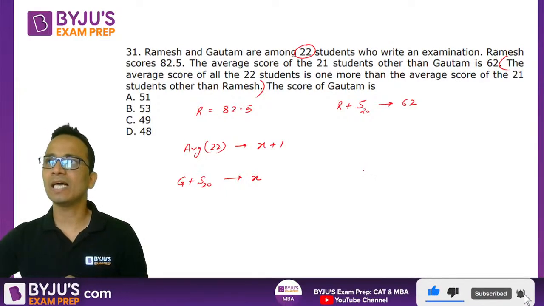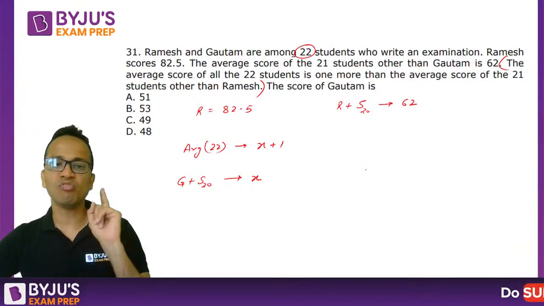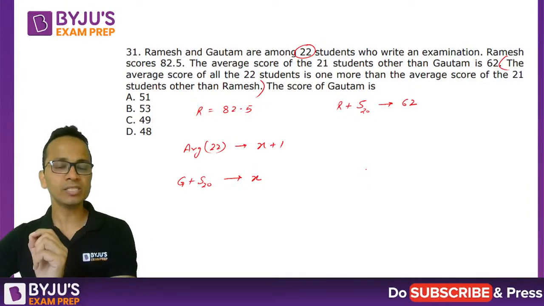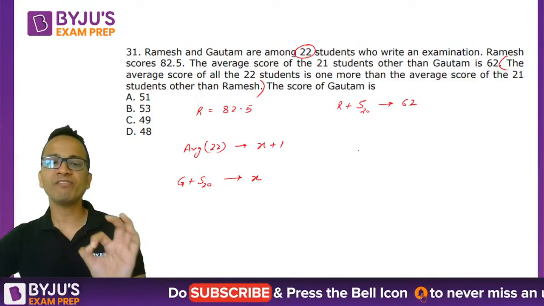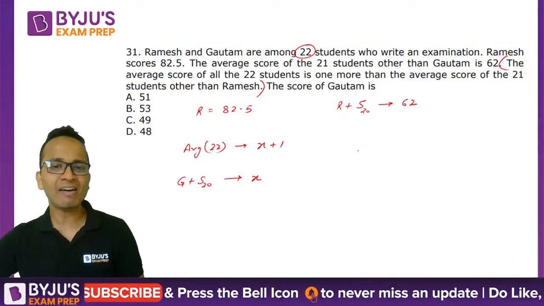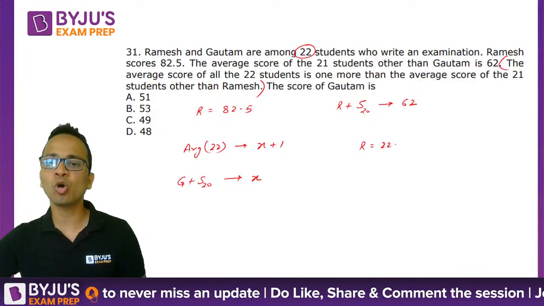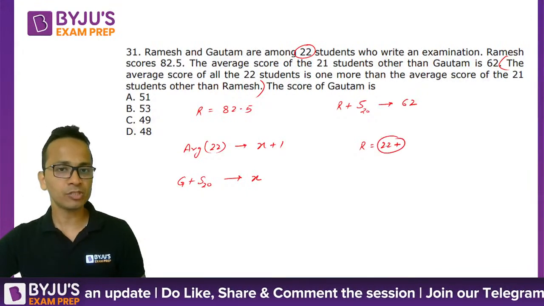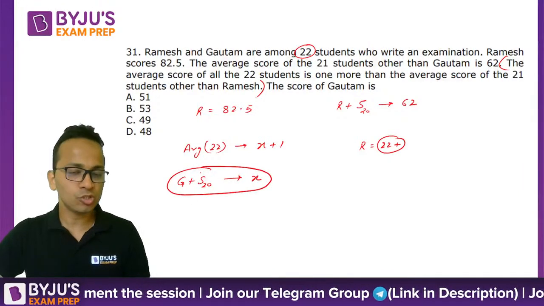So I can say that Ramesh must have contributed 1 to all the students including himself. Ramesh must have contributed 1 to each, only then did the average increase by 1. So Ramesh has contributed a total of 22 from his score to the original average of 21 students.